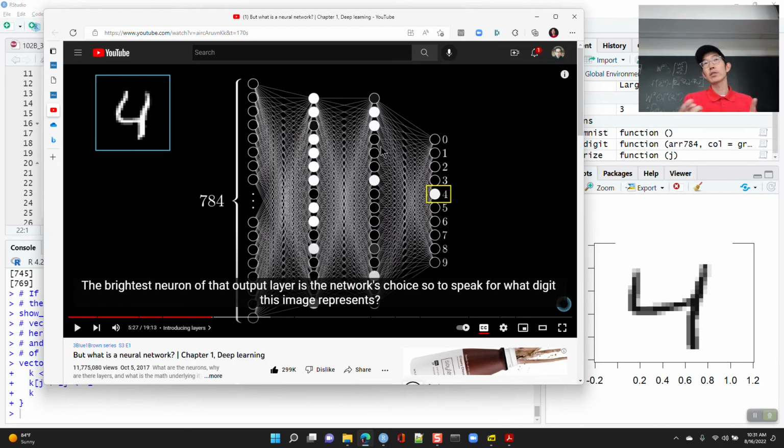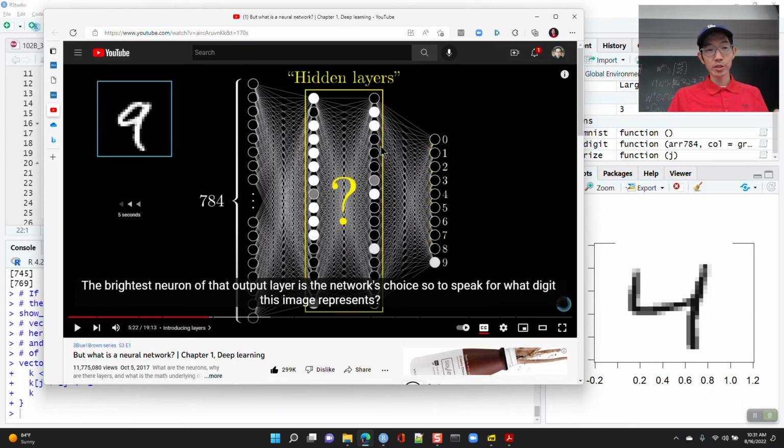Okay? So let's say the correct answer for this image is a 9. And let's say our network in its early training stages says, I think this number is a 2. Or maybe another set of weights, if we plug it in, will say, I think the number is an 8.